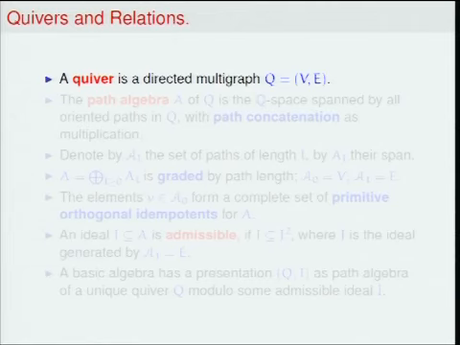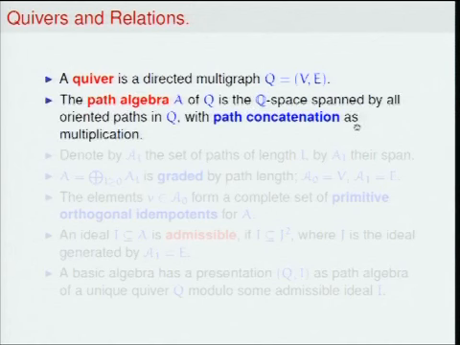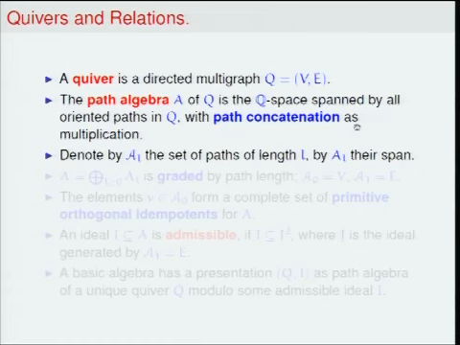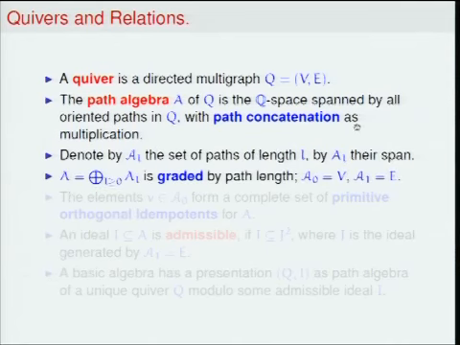A quiver is simply a directed multigraph Q with vertices V and edges E. The path algebra is the space spanned by all the oriented paths inside the quiver with path concatenation as multiplication. If we denote by curly A subscript L the set of paths of length L, and by straight A subscript L their span, then one can write the path algebra as a graded algebra, graded by path length, and identify the vertices with the paths of length 0, the edges with paths of length 1.